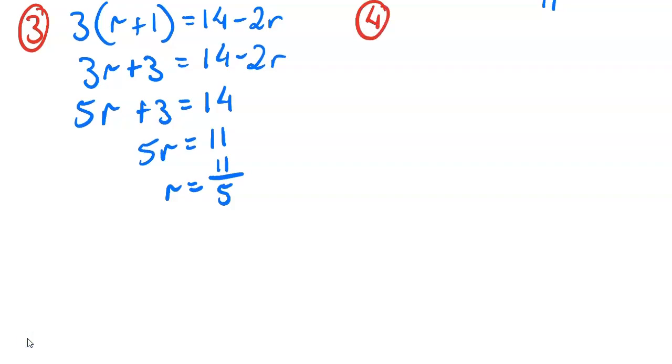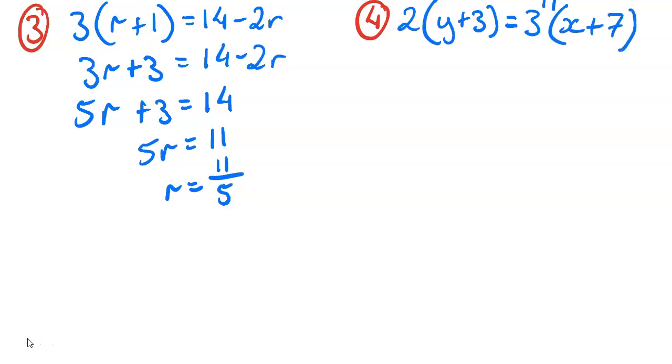Okay, example 4. So I'm going to have 2 times y plus 3 in brackets equals 3 times y plus 7 in brackets. Okay, so looking at this, we've got 2 times y plus 3, 3 times y plus 7.